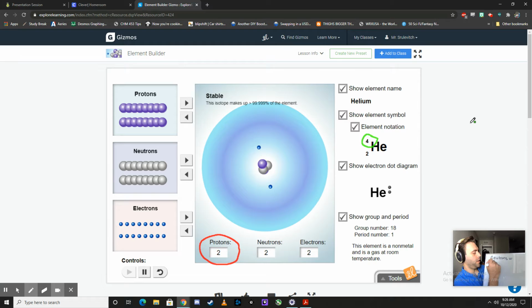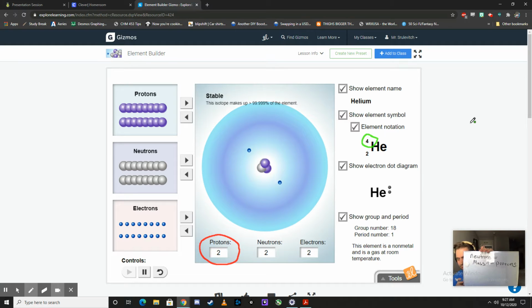So neutrons is equal to the mass number minus protons.